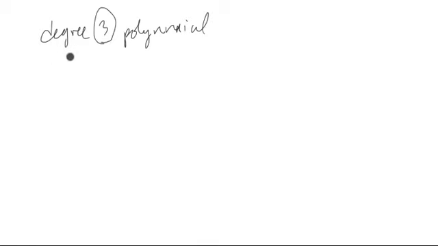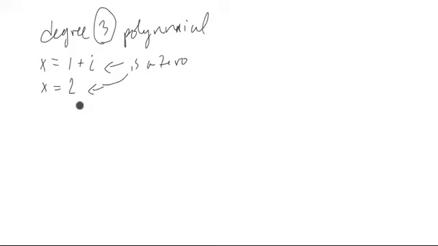Okay, so we want it to be a degree 3 polynomial, and also suppose that we would like 1 plus i to be one of the zeros. And also suppose that x equals 2 is also a zero.